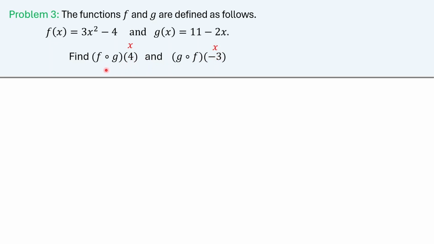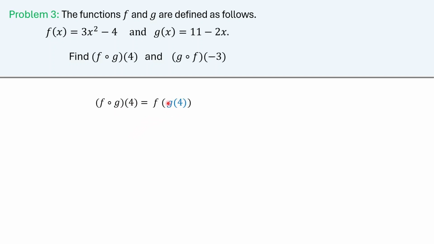But in this problem, you have a number here and a number here. Let us find this. This is equal to, you write the first function and inside put g of 4.